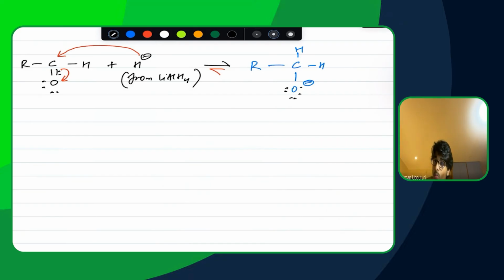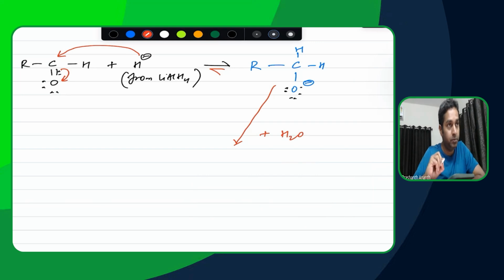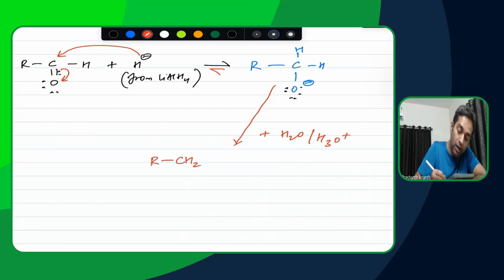This is going to be accepting a H plus from water when you perform hydrolysis, either from H2O or from H3O plus, whichever way you look at it, and will end up becoming RCH2OH.